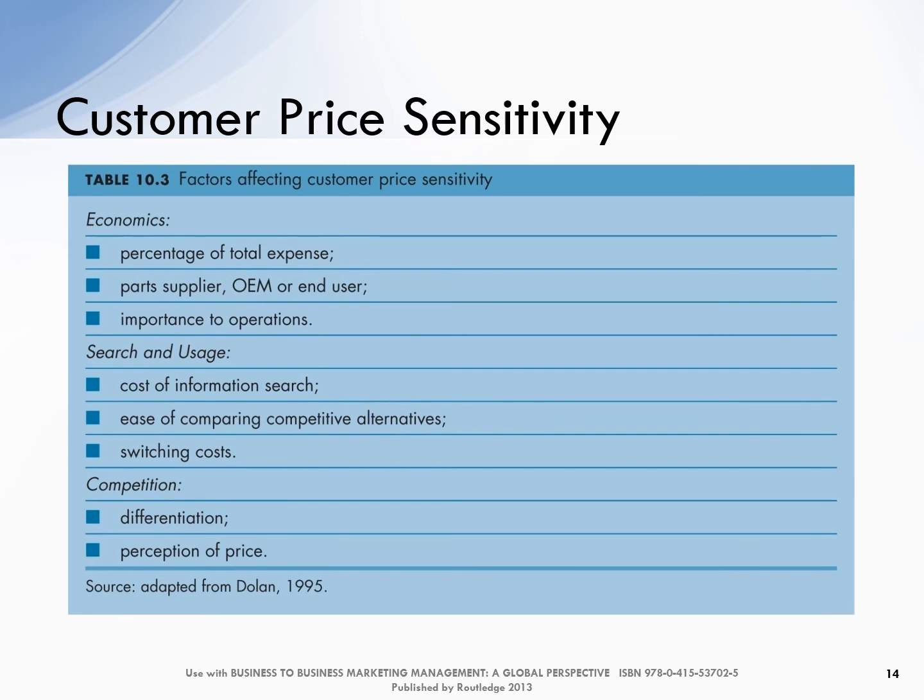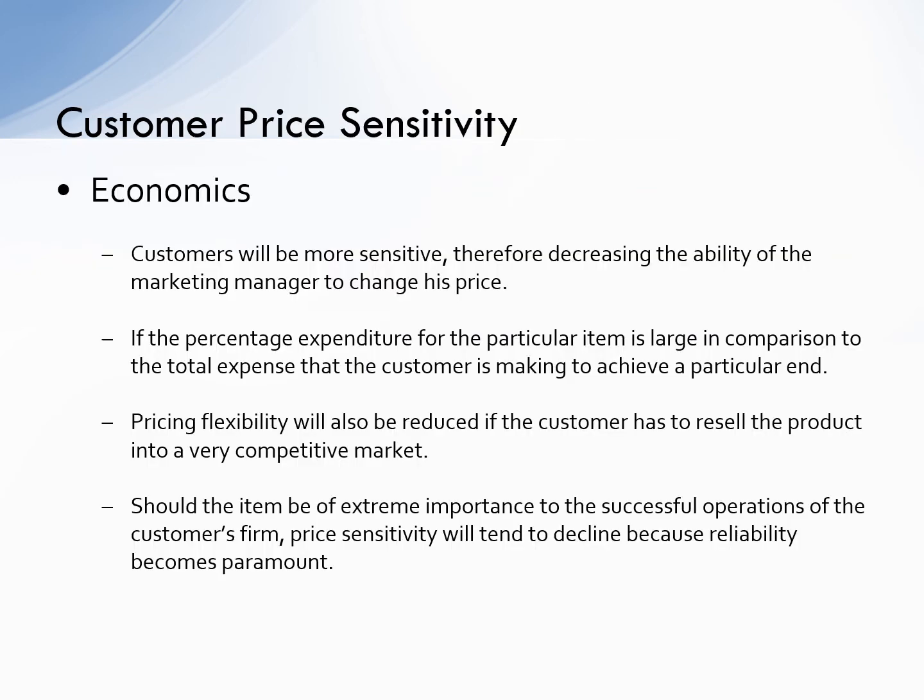can be dependent upon economics, search and usage, and competition. Customer price sensitivity, when it comes to economics, means customers will be more sensitive, therefore decreasing the ability of the marketing manager to change his price, if the percentage expenditure for the particular item is large in comparison to the total expense that the customer is making to achieve a particular end.